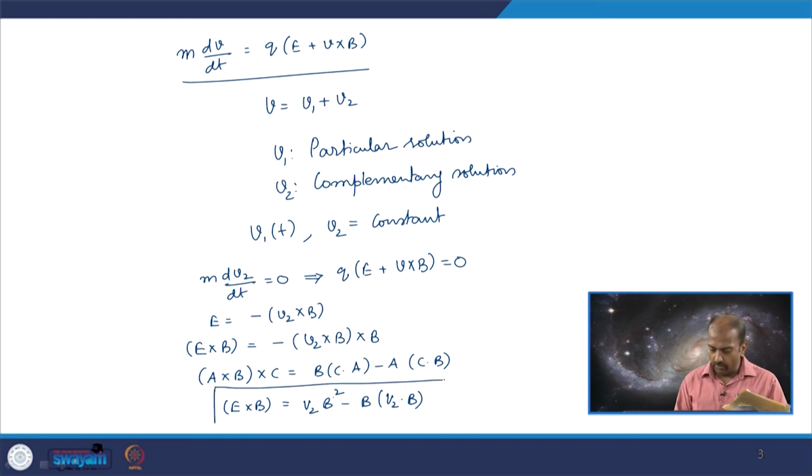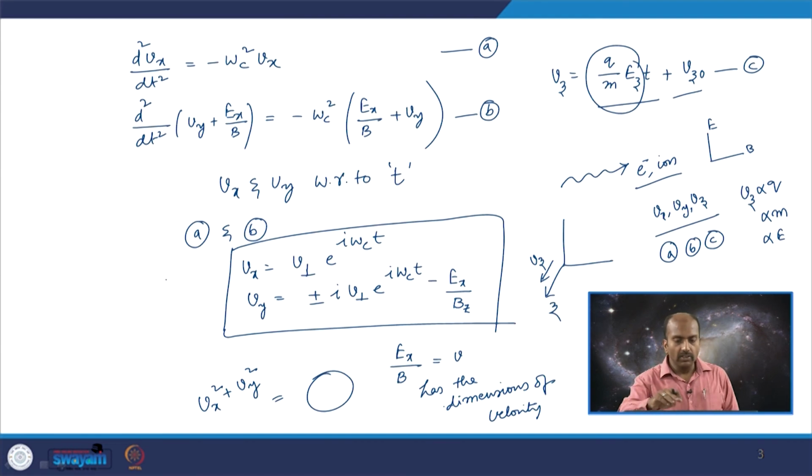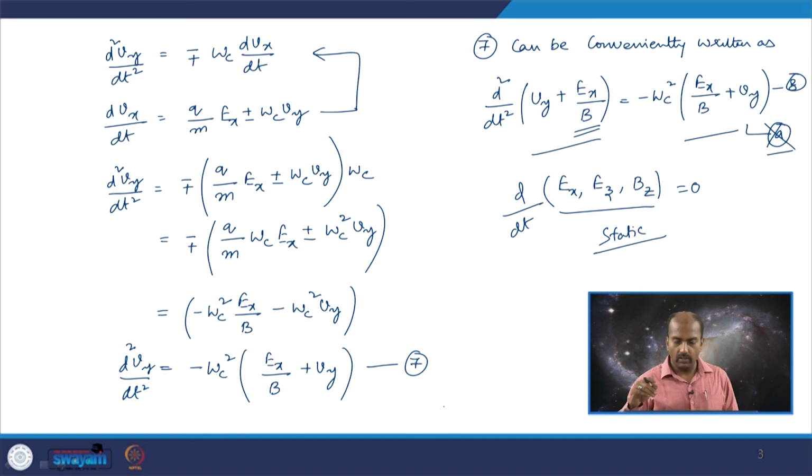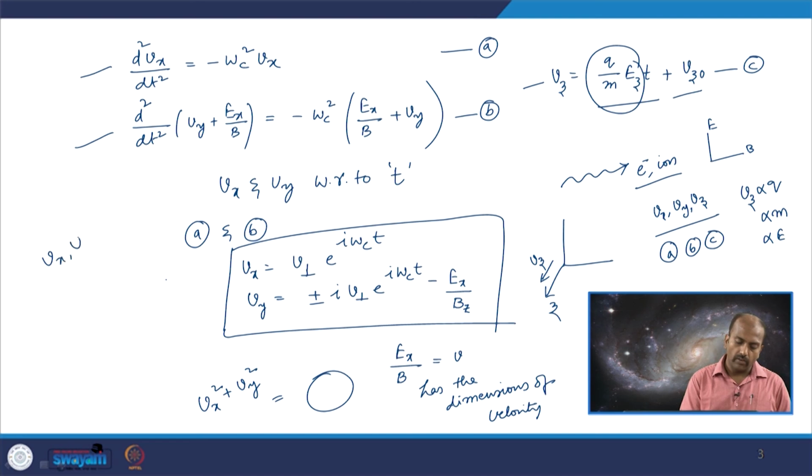So, before I analyze this, I will tell you what I am trying to do again. What I am trying to do is, I have these three second order differential equations, d square Vx, d square Vy, and we already have a solution for Vz, right. The solutions of d square Vx and d square Vy are going to be Vx and Vy. What is the origin of this second order differential equation?